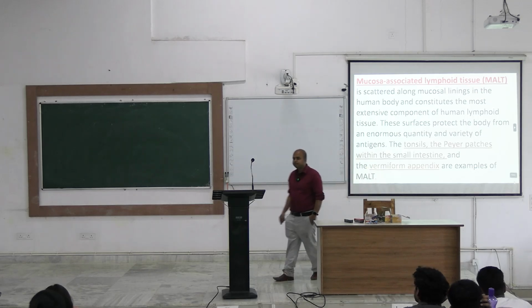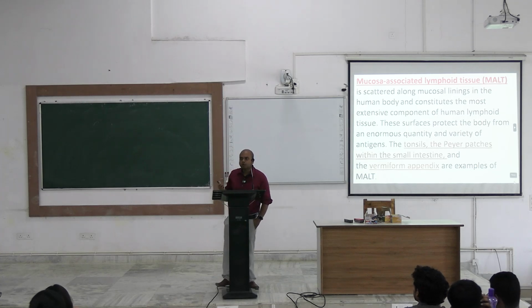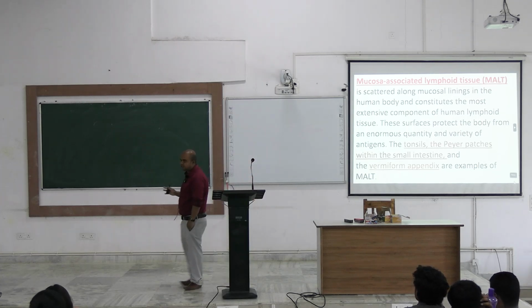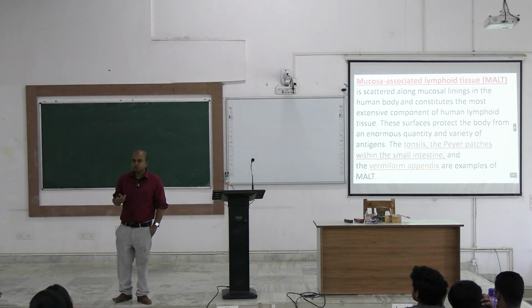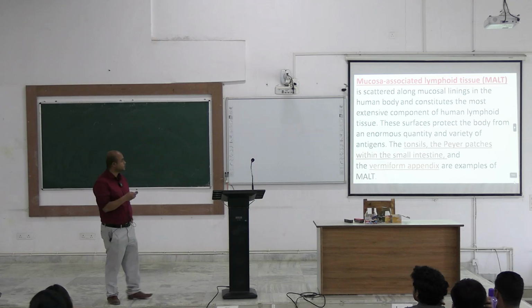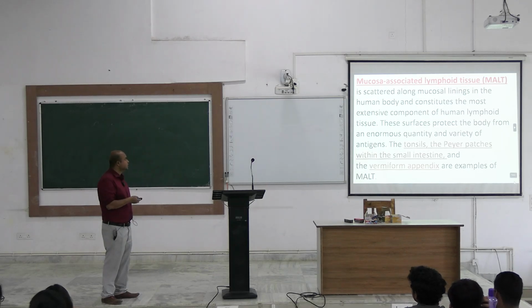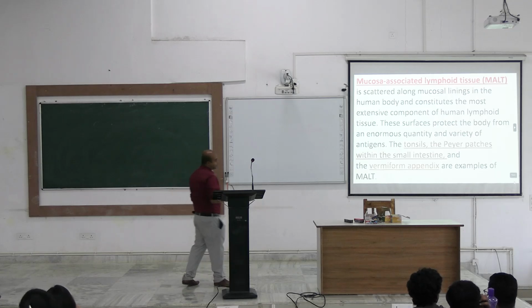Earlier there was an idea that the appendix has absolutely no role in the human body, but science evolves over time. Nowadays we know the appendix maybe has some role in immunity. This is one of the lymphoid tissues which protects the body from some foreign bodies at least.